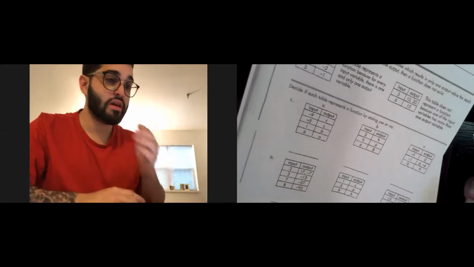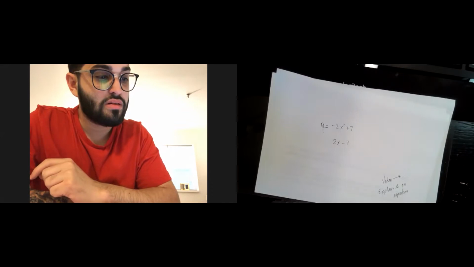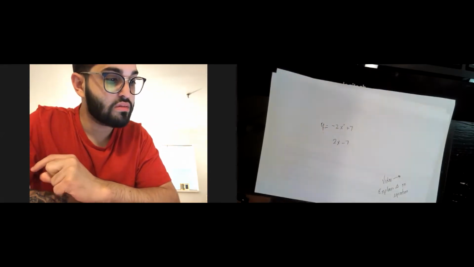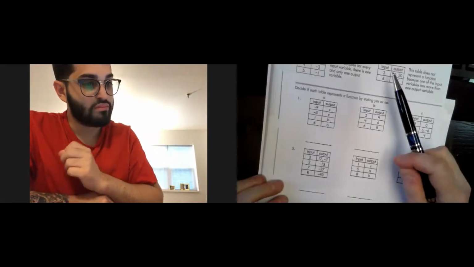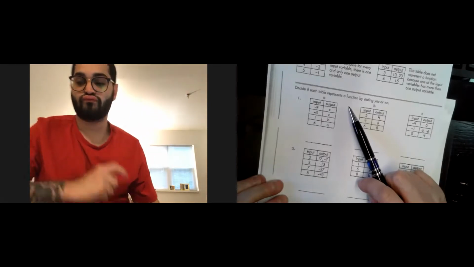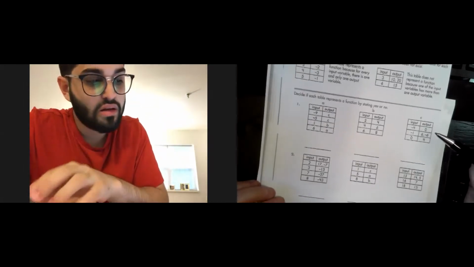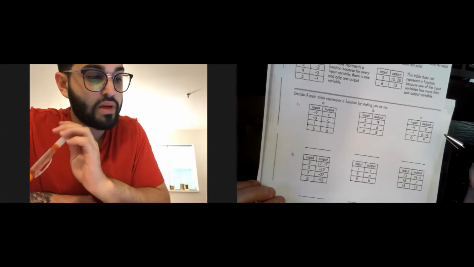What about the lesson 4.1? It says defining the functions, and they give you some tables. Okay, so the side of each table represents a function by stating yes or no. Is it the same thing here that you said, that x is never repeated?